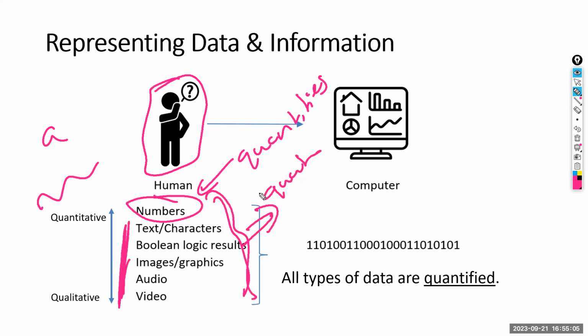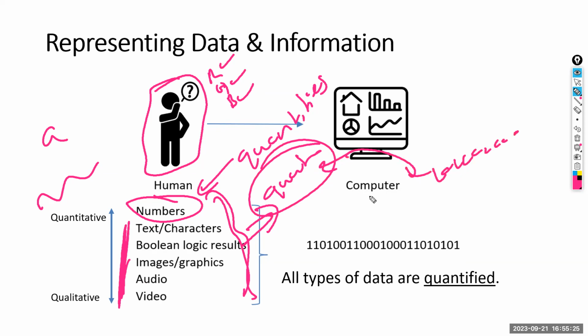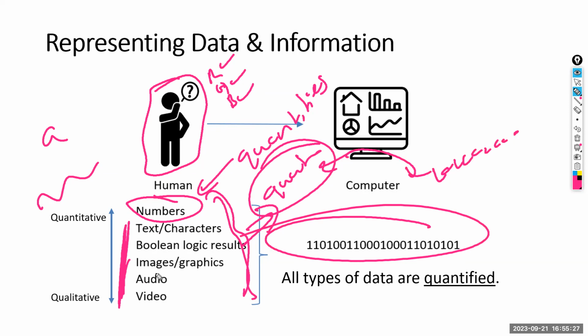There's nothing called quality. Qualities are also quantities. Even color is a quantity: a red value, green value, and blue value. So this color, you can give it as a number. And then that quantity, which is not in binary, they convert to a binary quantity. So that is how everything becomes ones and zeros.